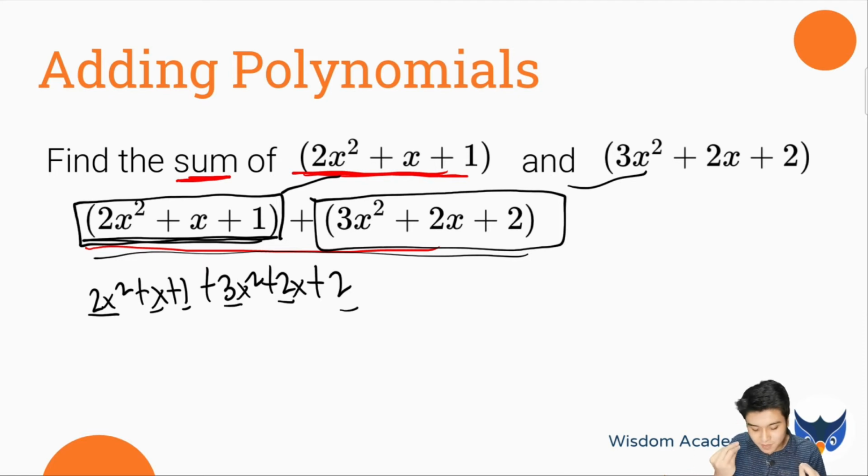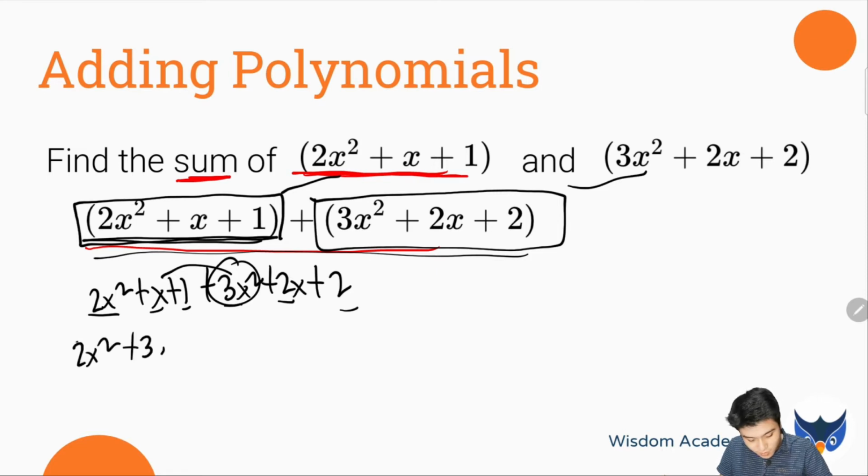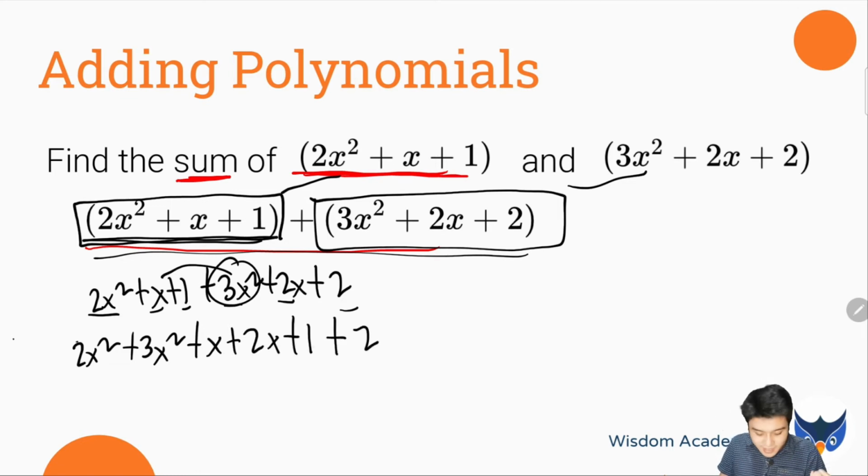Para magkatabi-tabi yung mga like terms, yung mga pareho ng variables. Okay, so now, i-arrange ko sila such that magiging magkatabi yung mga magkakapareho ng variables. Ito si 2x squared plus 3x squared plus x plus 2x plus 1 plus 2. Inayos ko lang sila. Ngayon magkakatabi na sila, mas madali na silang maintindihan.